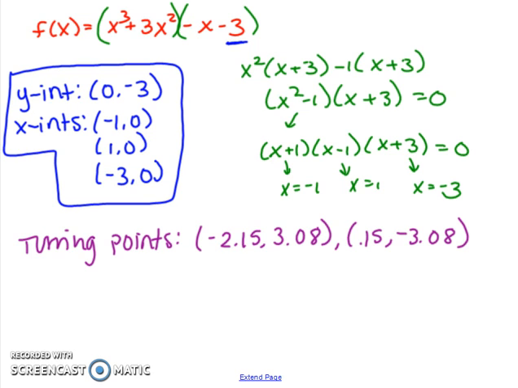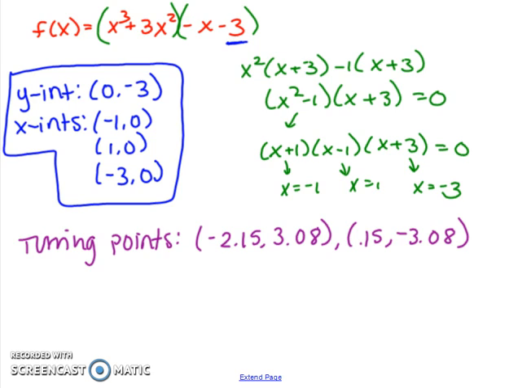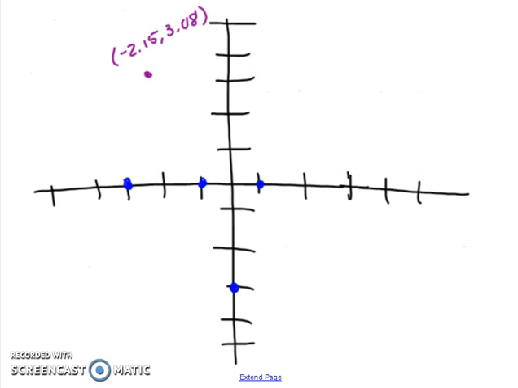Okay, my turning points are at negative 2.15, comma 3.08, like about here. And I'm going to just label it. And then my other turning point is at 0.15, negative 3.08. So I'm going to put that about here.